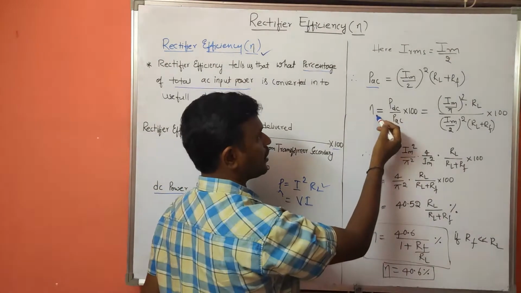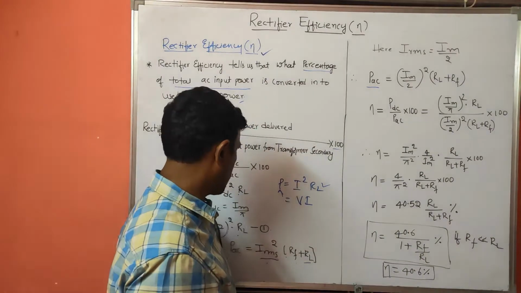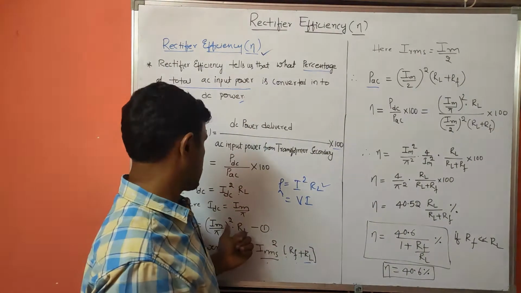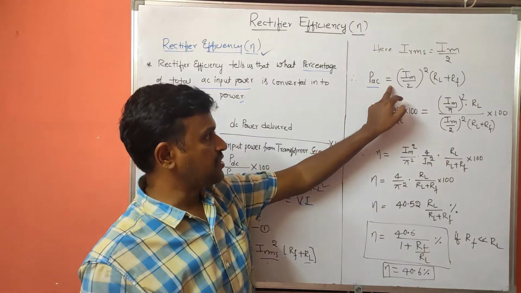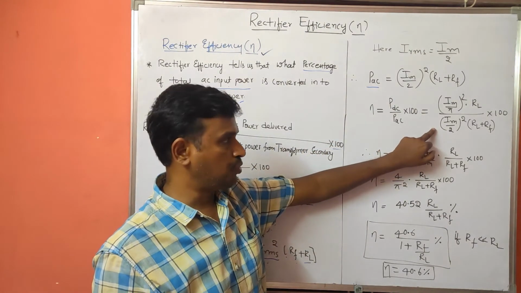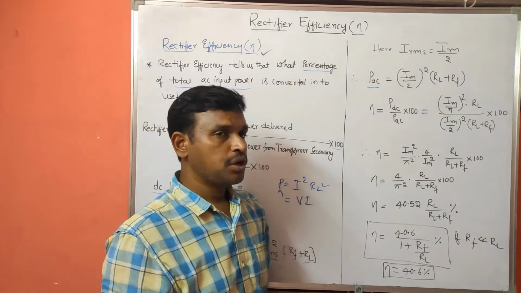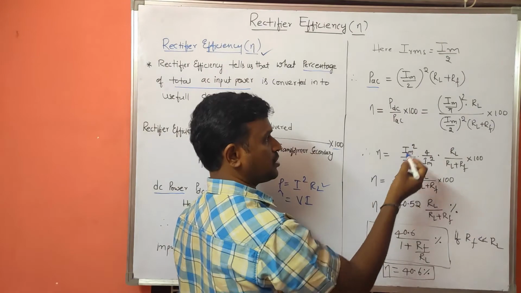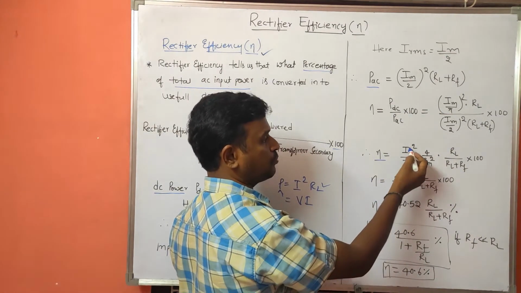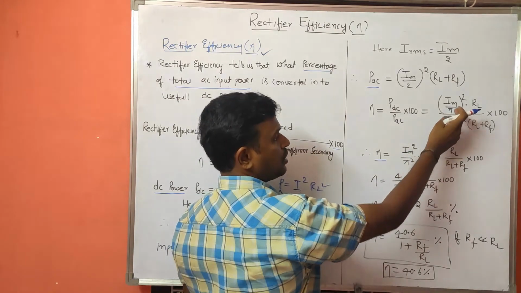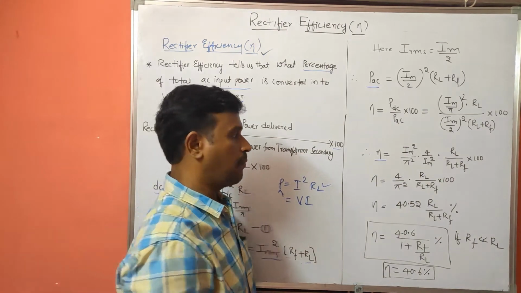Therefore eta is equal to PDC by PAC multiplied by 100. PDC from equation 1 is (Im by pi) whole square into RL, and PAC is (Im by 2) whole square into (RF plus RL), multiplied by 100. If you rearrange the terms by taking the squares, the efficiency is equal to Im square by pi square divided by 4 (since 2 square is 4) by Im square.